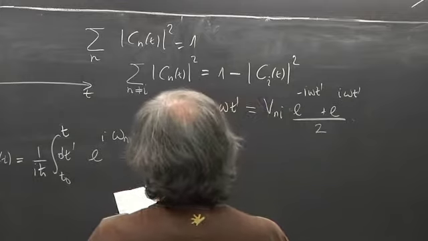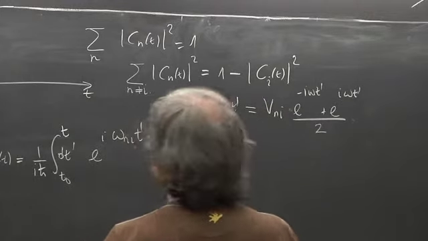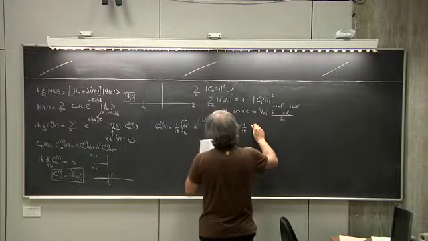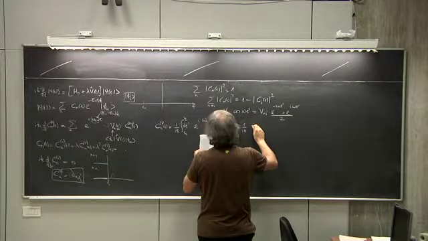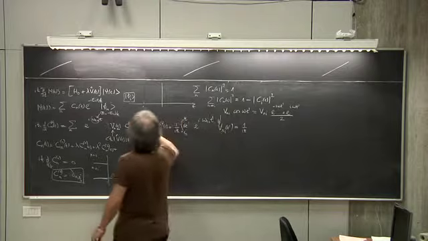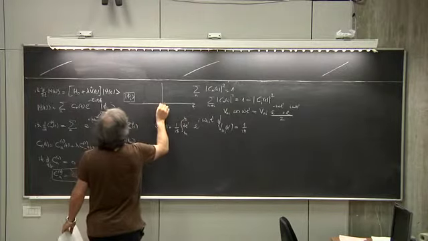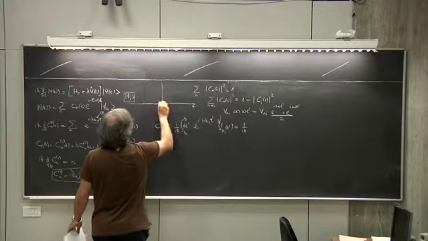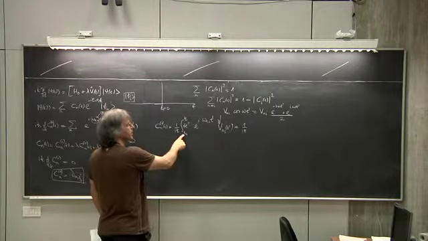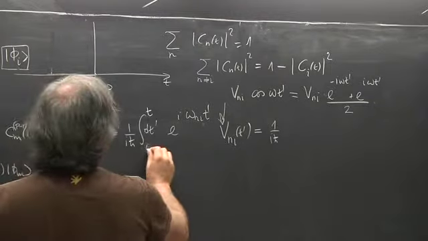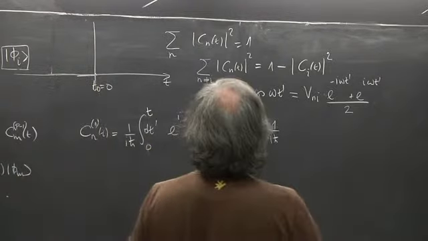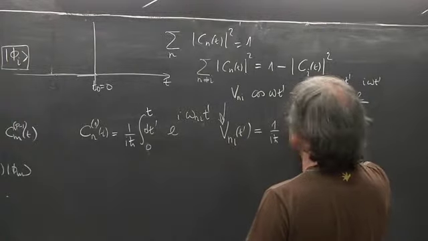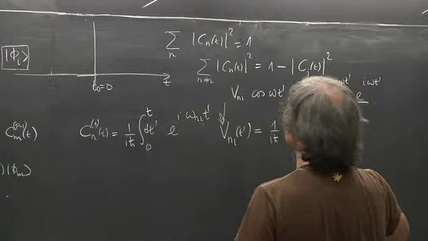Let's continue. So this integral is 1 over i h bar times the integral. Just to fix our ideas, suppose that this t0 is just equal to 0, okay? So the integral here starts from 0. So I have to calculate the integral from 0 to t. Let's see.